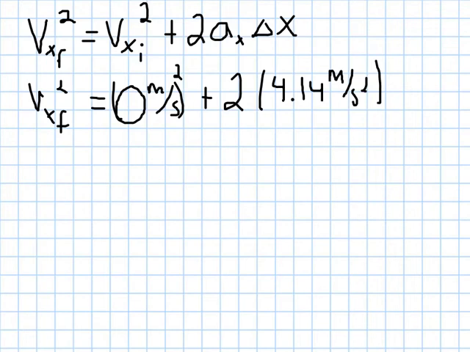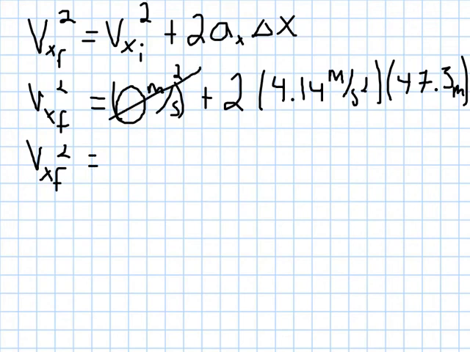Now the coordinate system I set up made that a positive 4.14 meters per second squared, which is a little bit counterintuitive, but I chose a coordinate system that made downhill the positive x direction. And then the distance that it travels is 47.3 meters.